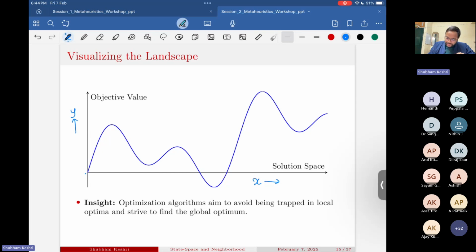Y is the objective function, or instead of y, I can write f of x. You can plot the objective function with respect to the value of x.